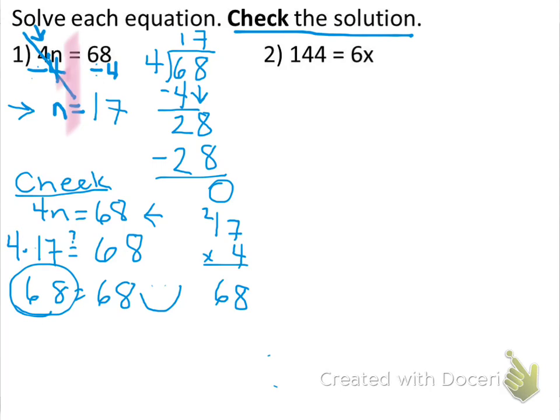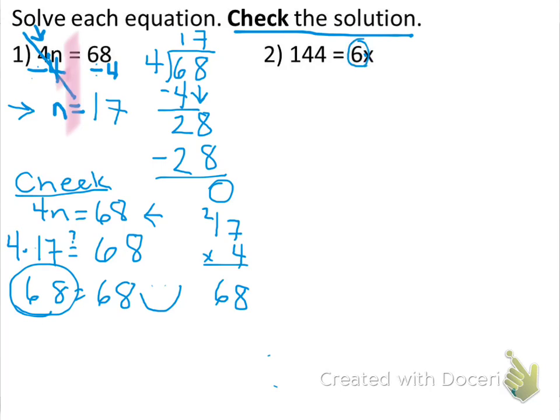All right, let's do the next example together. Number 2 is different from number 1 because we have the 6x on the other side of the equal sign, but it's really doing the same thing. We have 144 is equal to 6 times, remember there's a little times symbol in between there, 6 times x. We need to get this x alone, the variable by itself. So to do that, we need to get rid of this 6, which is in our way.